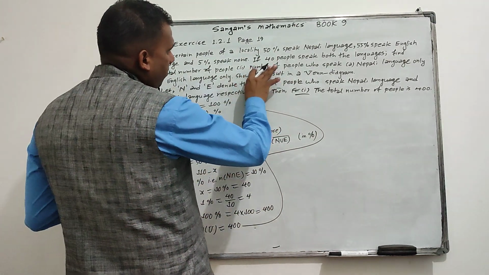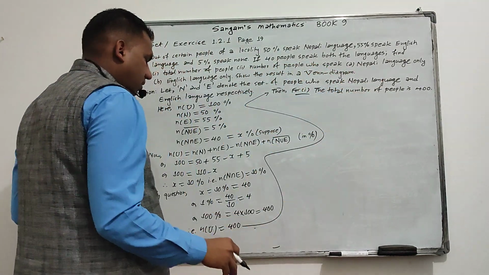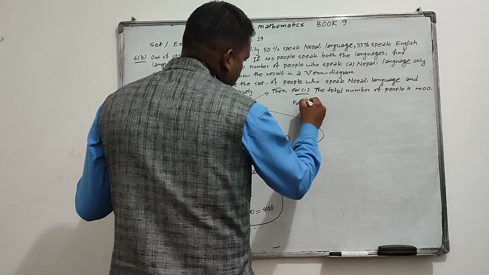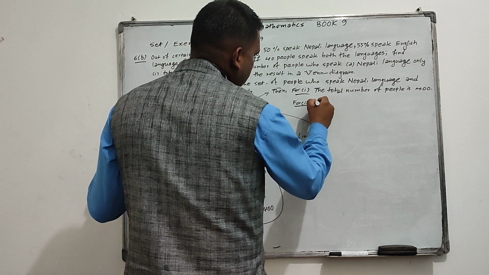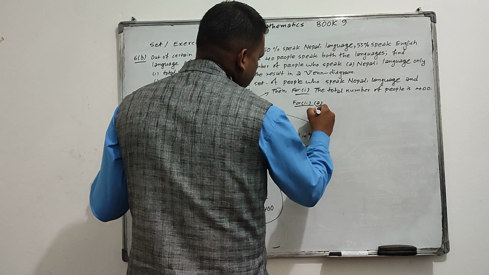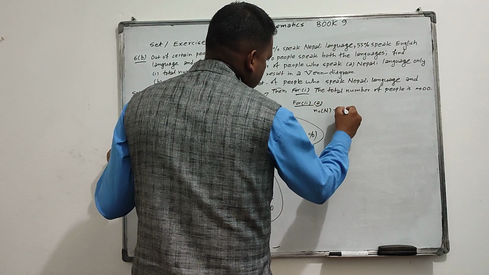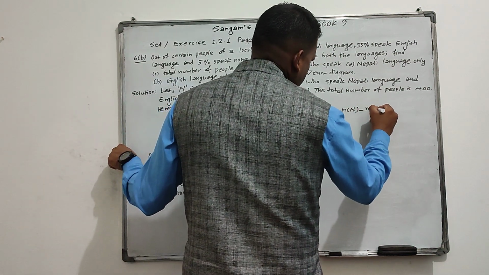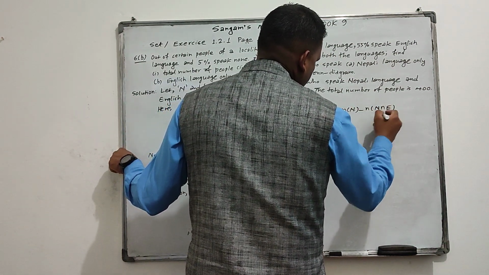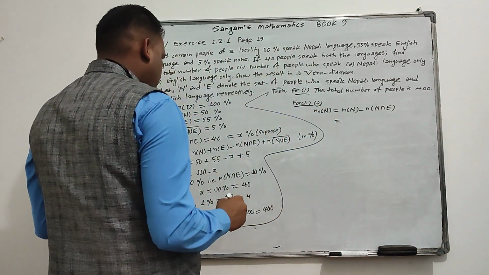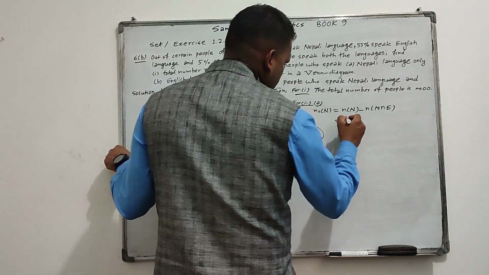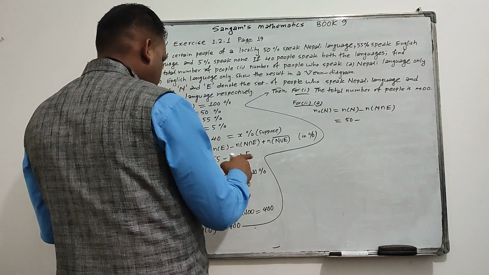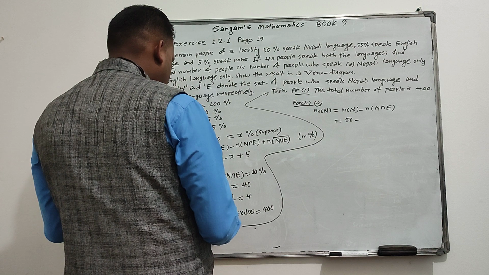Number 2, number of people who speak Nepali language only. For 2a, number of N not E equals number of N minus number of N intersection E. Number of N is 50% minus the intersection, which is 10%.